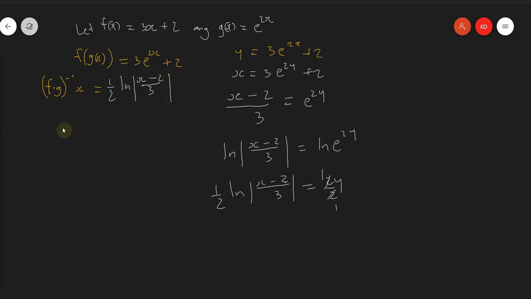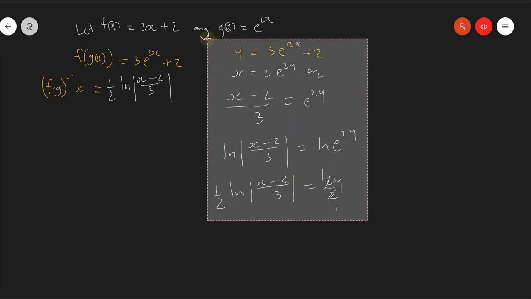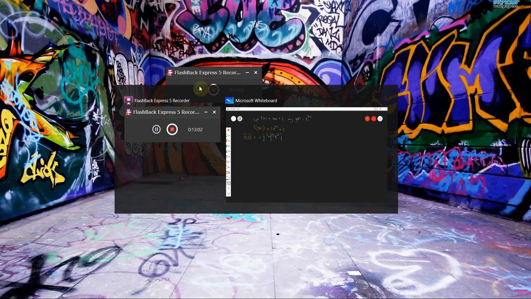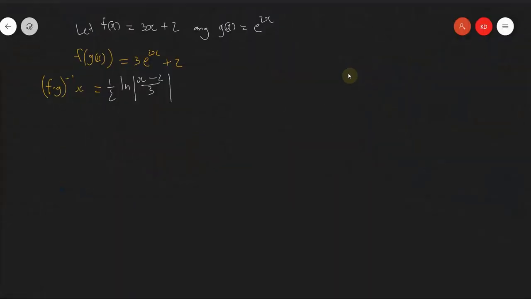Good. Now we are to show that, and so now let's find g inverse of x of f inverse of x.